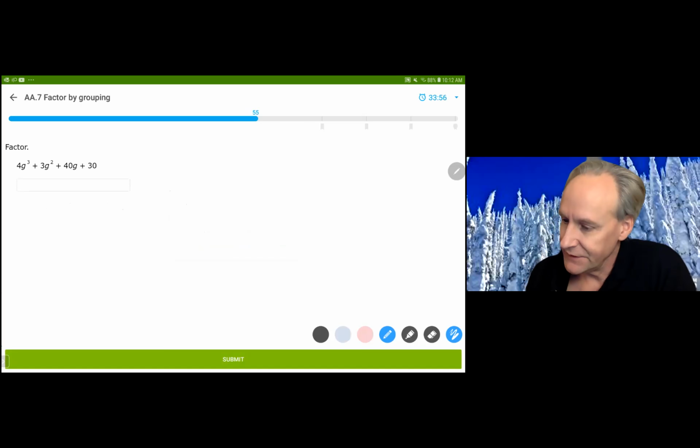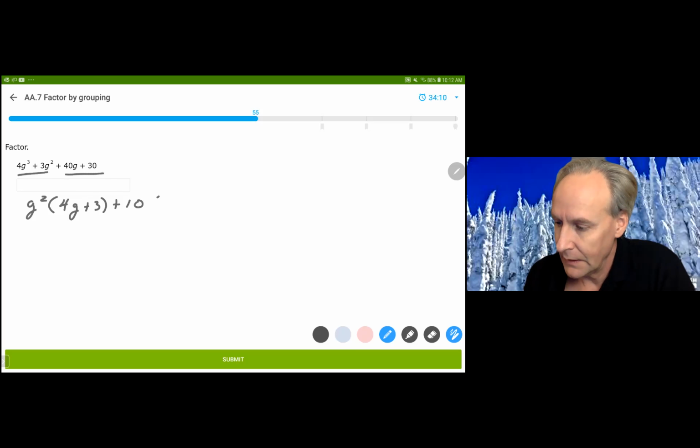Okay, let's take out that g squared. G squared is my common factor, and I'm left with 4g plus 3. And I'm going to take the 10 out of the second pair. I separate them out, and I get a 4g plus 3.